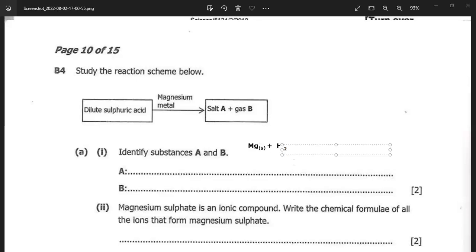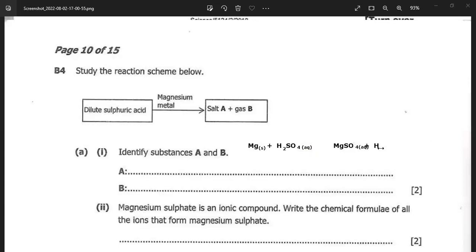So this one is aqueous. Then the product, magnesium sulfate MgSO4, is also aqueous because it's a soluble salt.